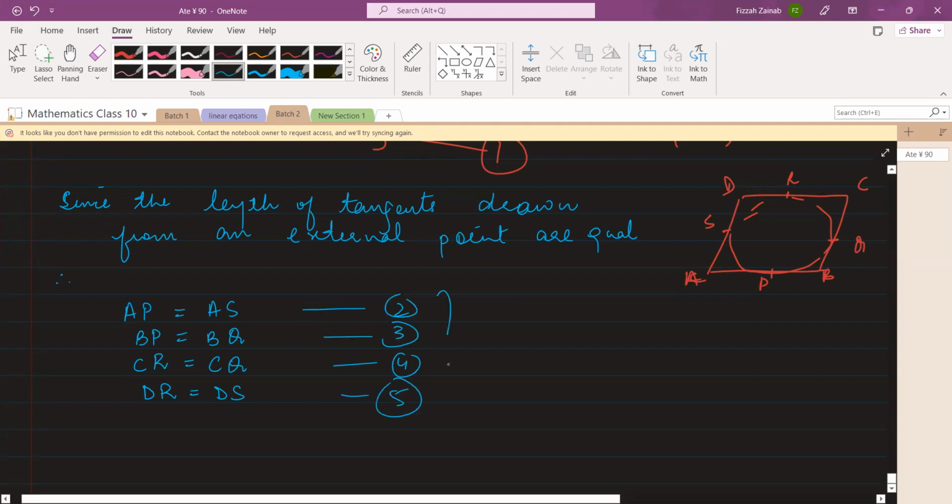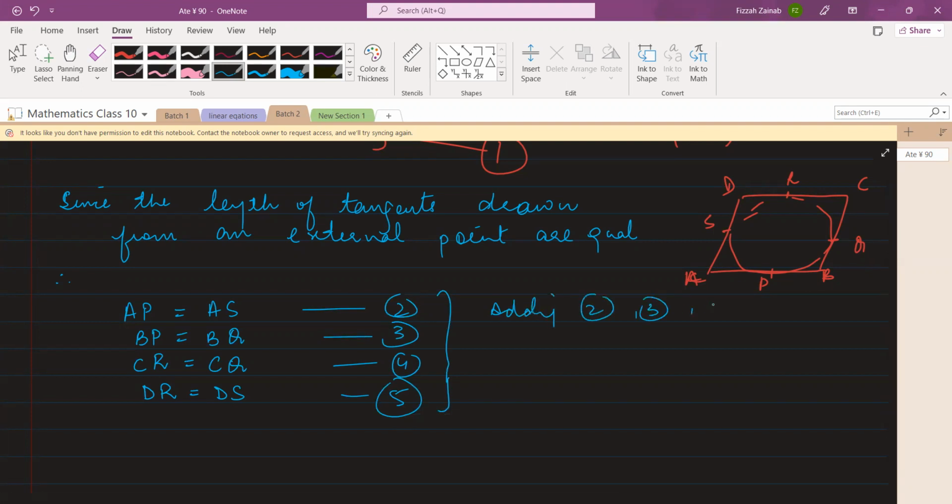Now you add them, adding 2, 3, 4, 5. So what you get? AP plus BP plus CR plus DR equal to AS plus BQ plus CQ plus DS.